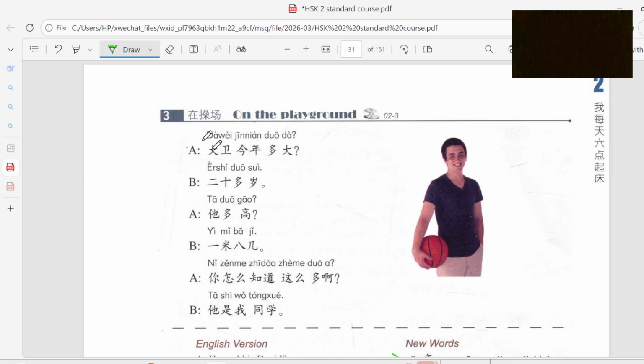This is very short and cool, so it says 大卫今年, okay, pay attention. 大卫, this is David in Chinese. 大卫今年多大？今年, this year, 多大, how old is David? I mentioned this a few minutes ago. You see, David is above 10, so we use 多大 instead of 几岁.